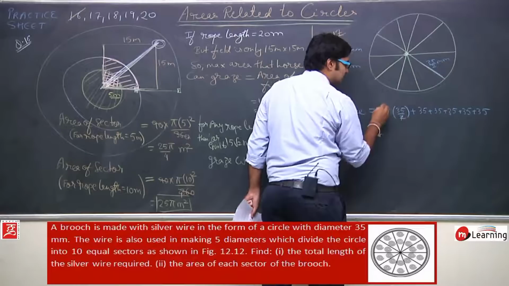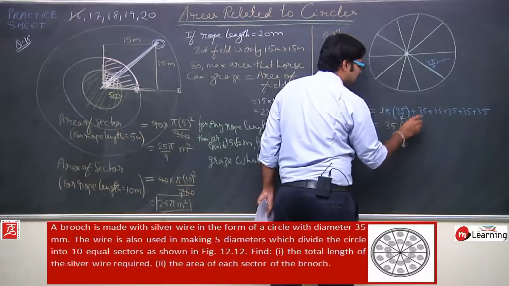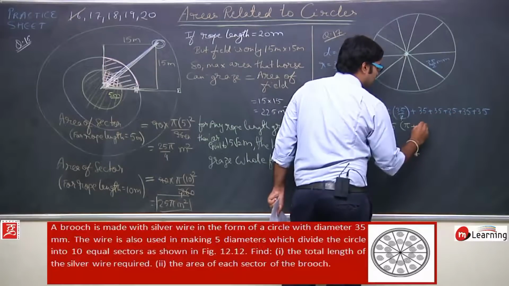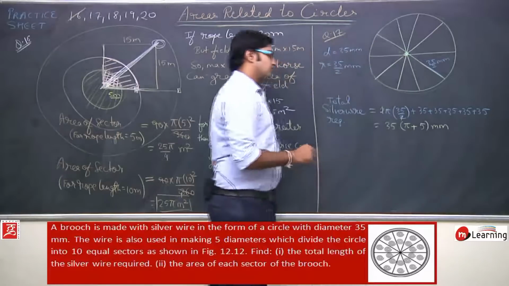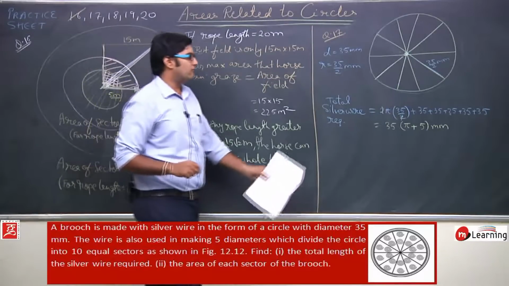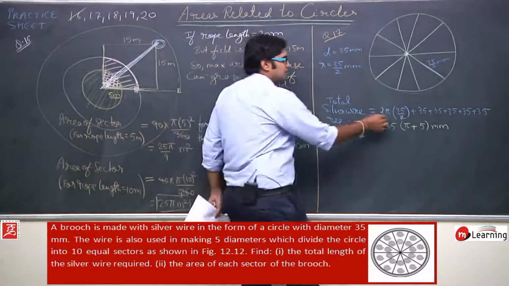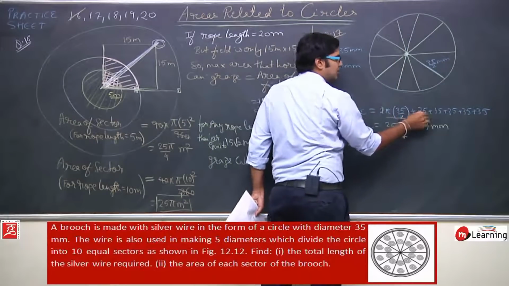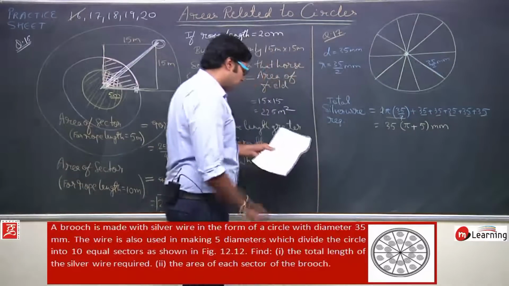Now how much will it be? I can take 35 as common, in the bracket pi plus 1, 2, 3, 4 and 5. So 5 mm. So 35 into pi plus 5 mm of wire is required to make this brooch. Try to understand. This is the circumference, this is the diameter, this is the diameter, diameter, diameter and diameter.